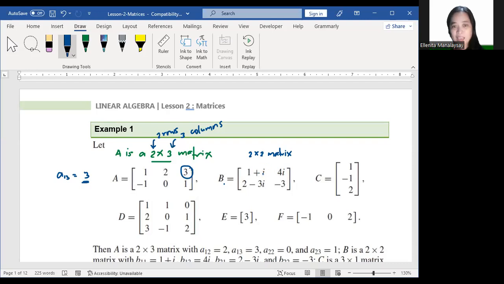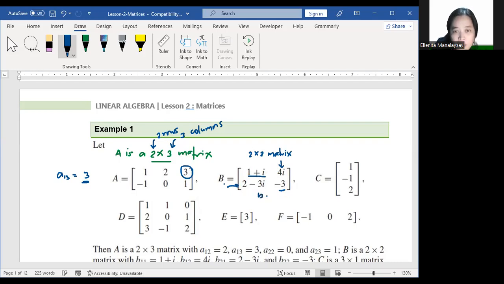The entry A plus I is located at the first row, first column. Then negative 3 here is located at the second row, second column.